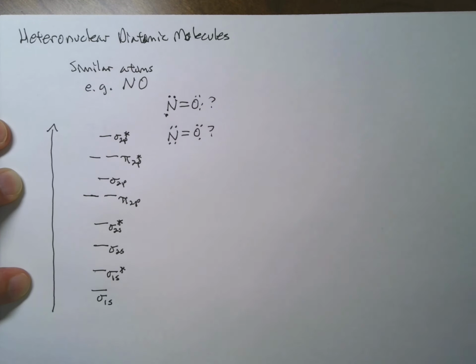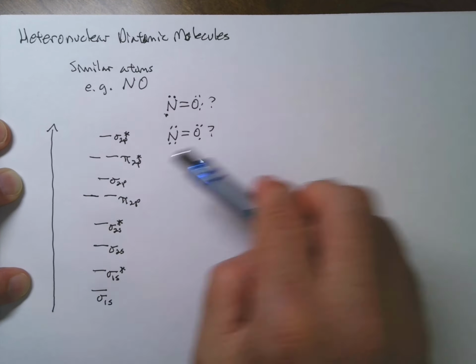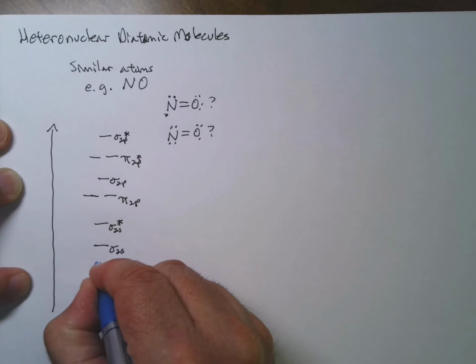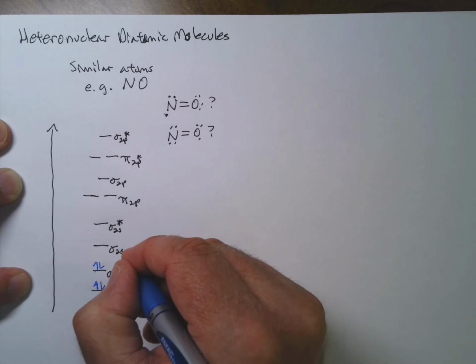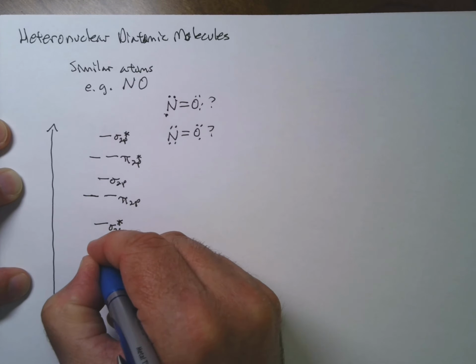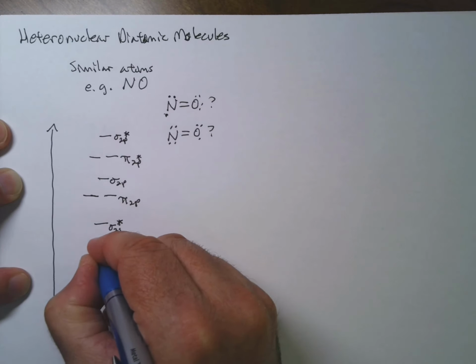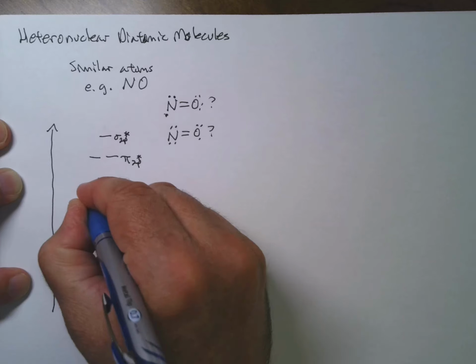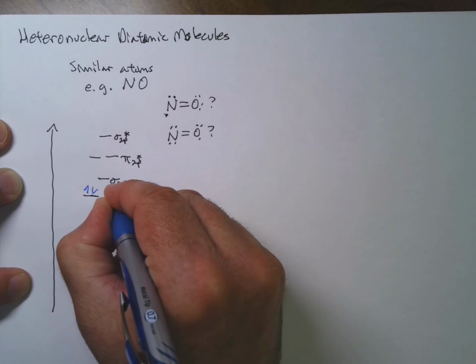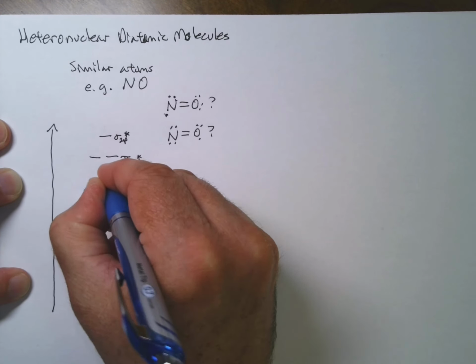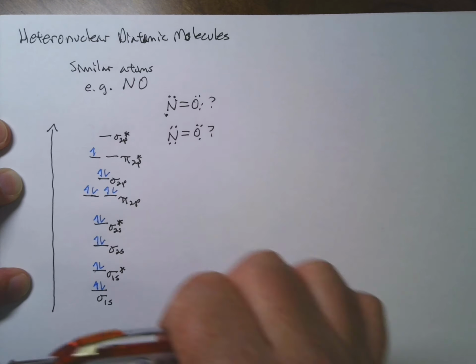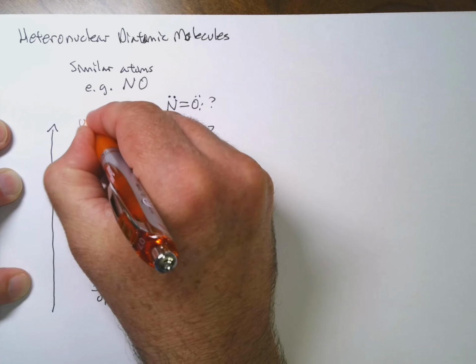Well, I don't. But let's go ahead and fill in our molecular orbital electrons. So I'm going to have 11 from this point on. 1, 2, 3, 4, 5, 6, 7, 8, 9, 10, 11. And once again, we have an unpaired electron.